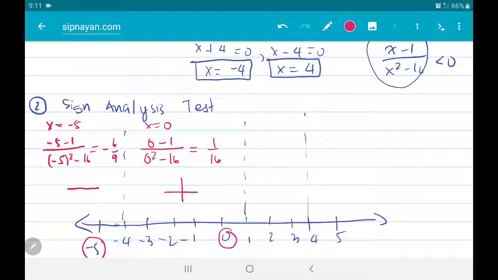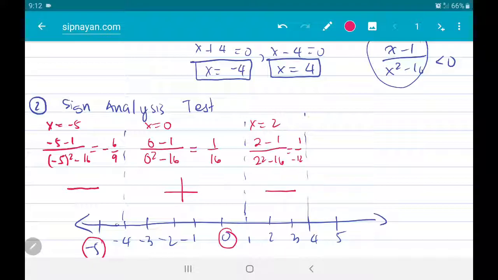And for here, x equals 2. We have 2 minus 1 over 2 squared minus 16, which is equal to 1 over negative 12. So, negative din ulit dito, di ba?